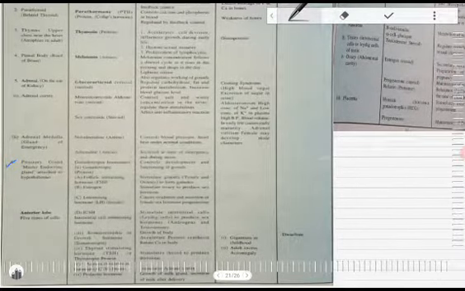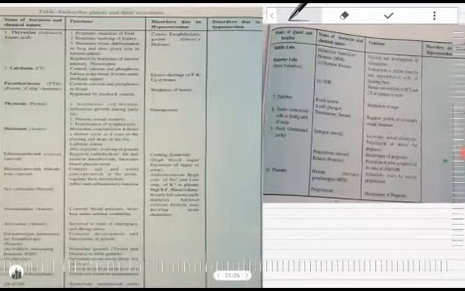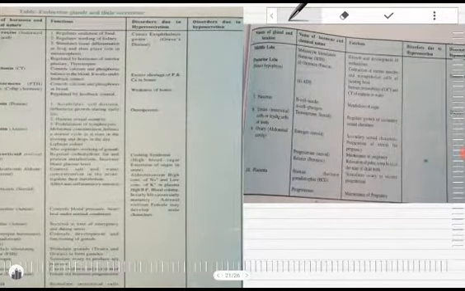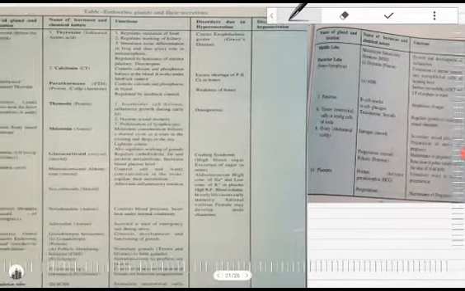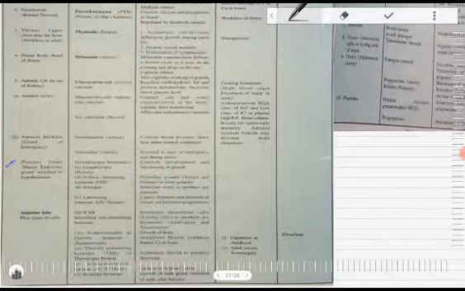Here all the hormones of the endocrine glands and their secretions that we have studied till now are given. So I think now, before going to the pancreas, you can study this table also. This table contains all the hormones, their chemical nature, their functions and disorders in case of hypersecretion or hyposecretion.